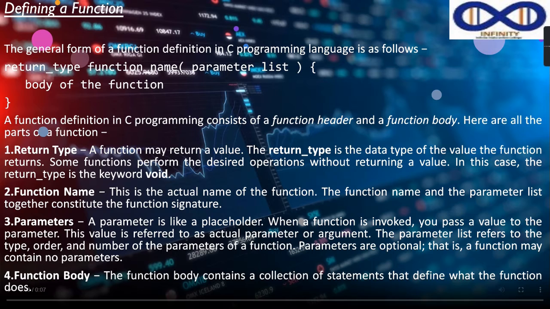The parameter list refers to the type, order, and number of the parameters of a function. Parameters are optional; that is, a function may contain no parameters. The fourth one is the function body, which contains a collection of statements that define what the function does.